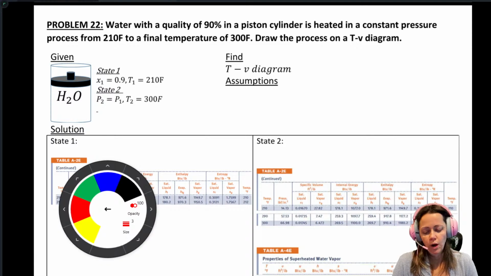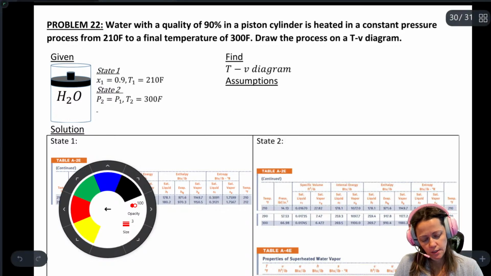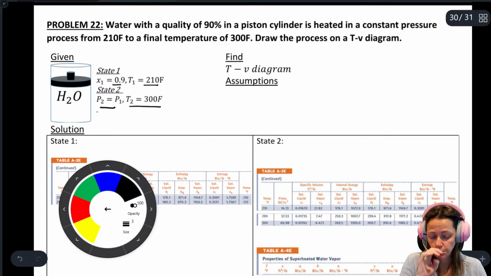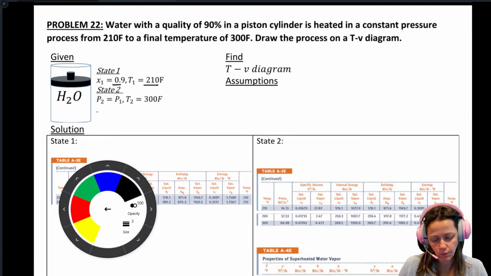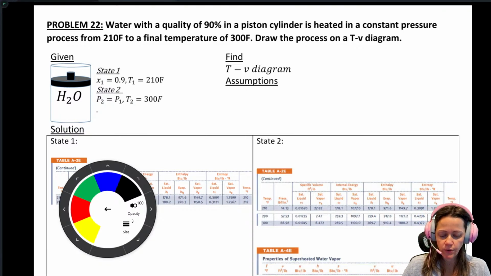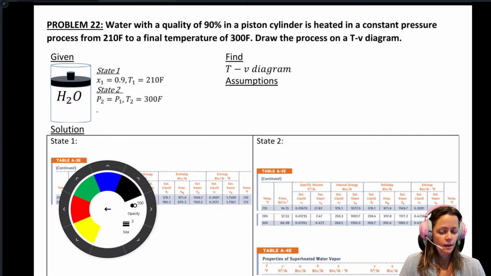All right, so we've got water with a quality of 90% in a piston cylinder. It's heated at a constant pressure. So 90% quality, temperature 210 degrees Fahrenheit, constant pressure process to a temperature of 300 degrees Fahrenheit. We're going to draw it on a TV diagram, which means we need the temperature at each state, which we've got, but we also need the specific volume at each state.